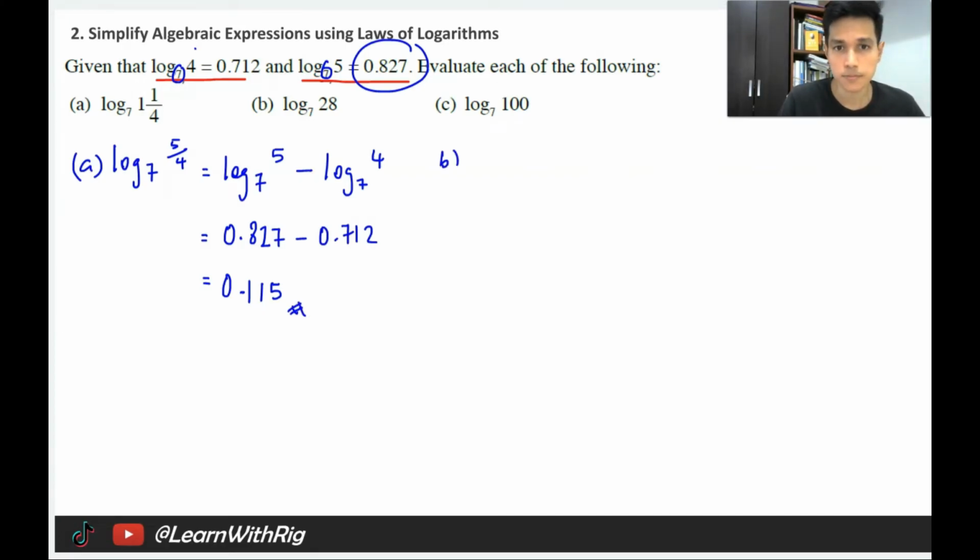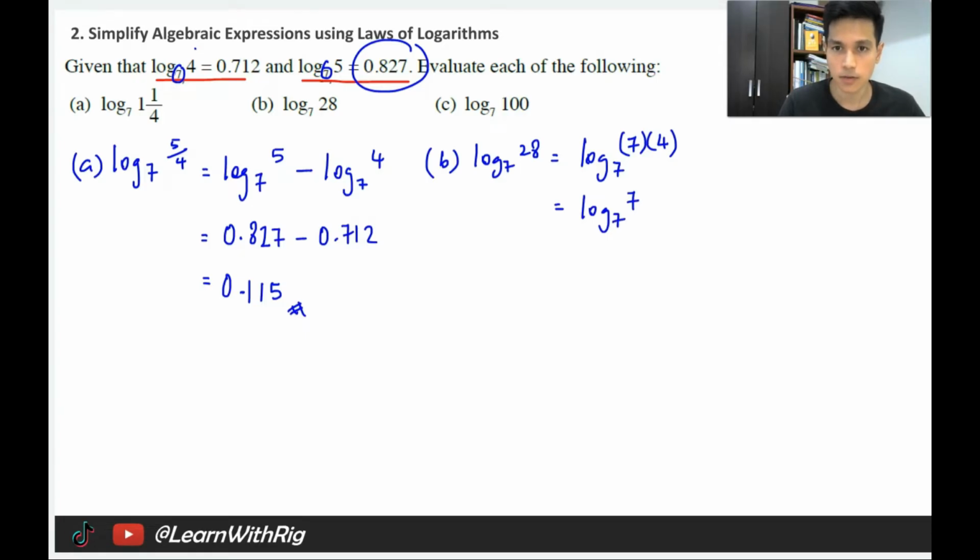Next, B, log 28 base 7. You can break 28 into 7 times 4, correct? 7 times 4 is 28. When you know it's multiply, you can change this to addition.